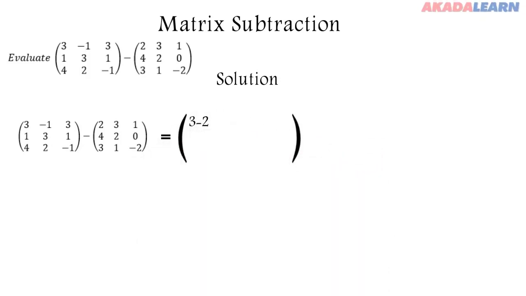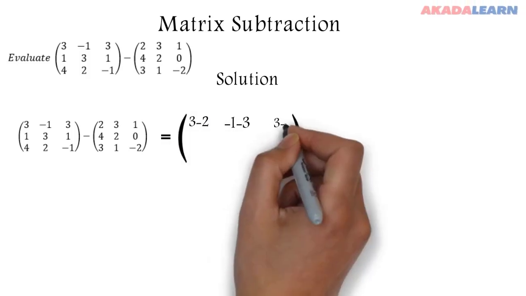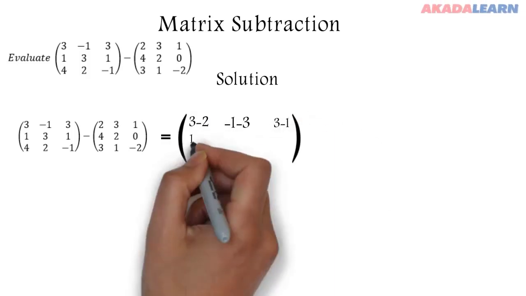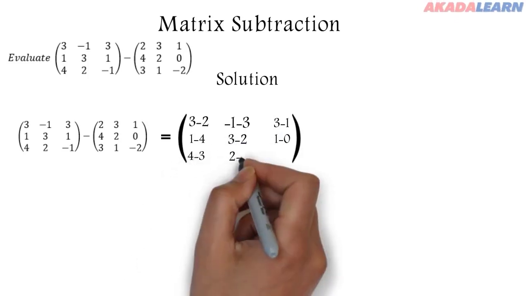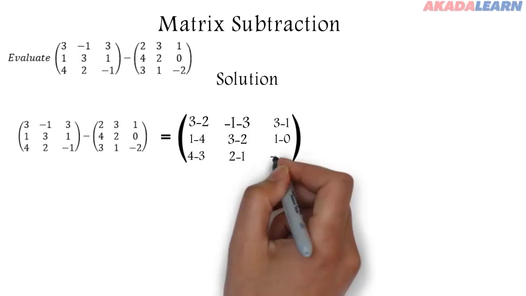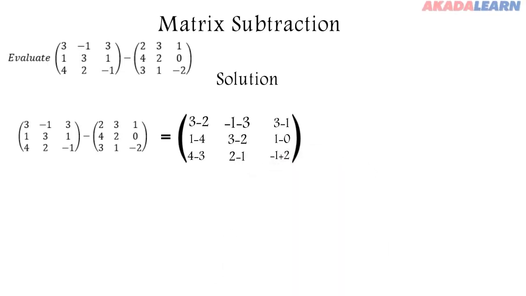So we have 3 minus 2, minus 1 minus 3, 3 minus 1. So that is the way we go ahead with the subtraction. So we have 1 minus 0, 4 minus 3, 2 minus 1, minus 1 plus 2, because minus times minus is plus.